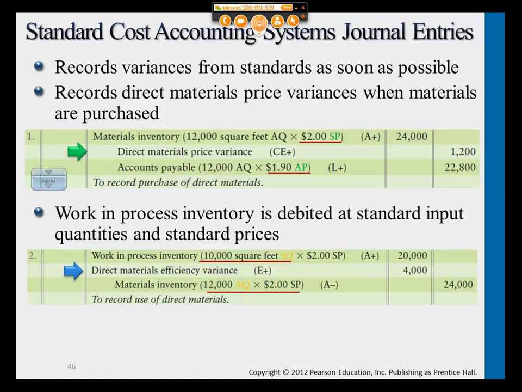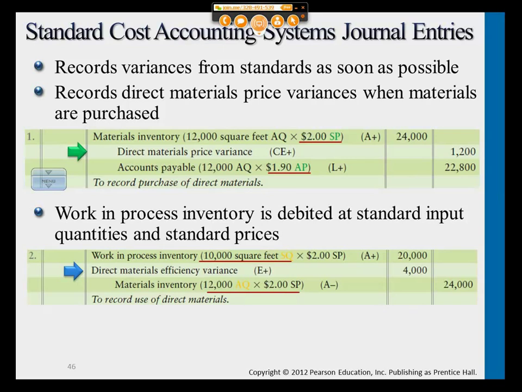The next action is we'll credit accounts payable. How are we going to credit it? It's 12,000 multiplied by 1.9. That's the actual price, so accounts payable is going to have your actual price, 1.9 versus 2. We multiply the two numbers and get 22,800.